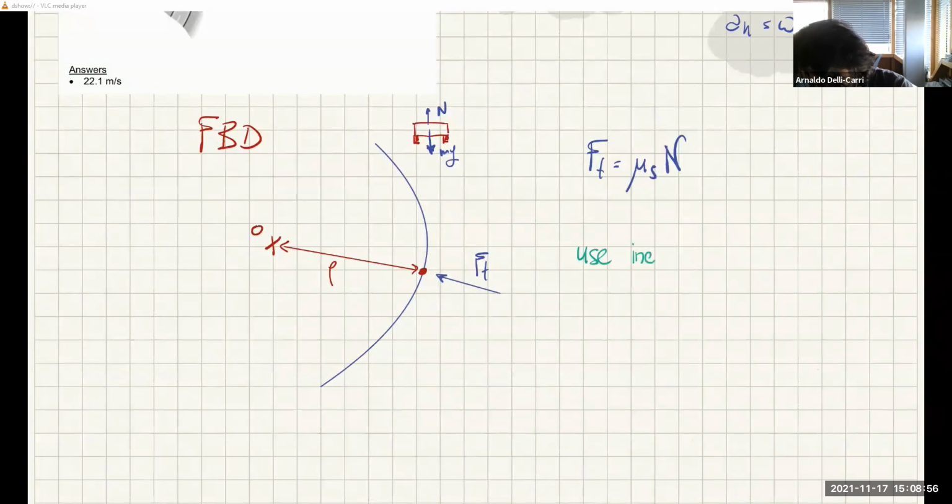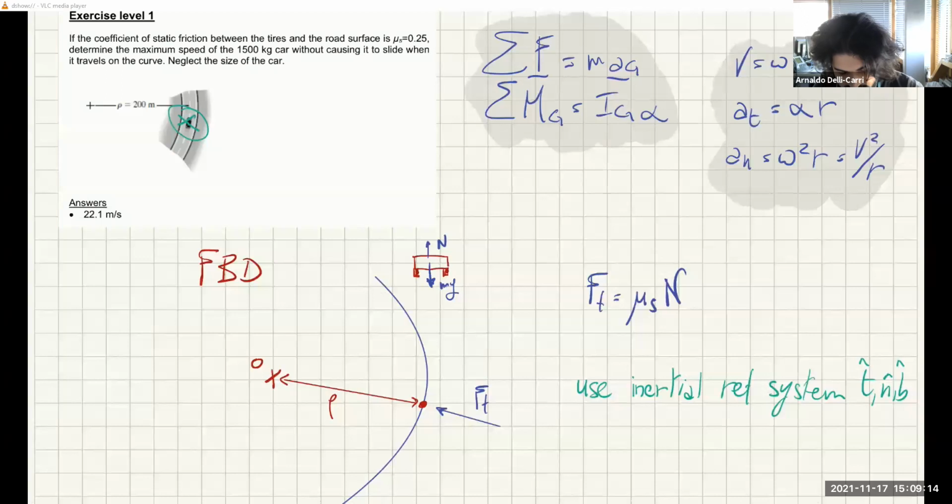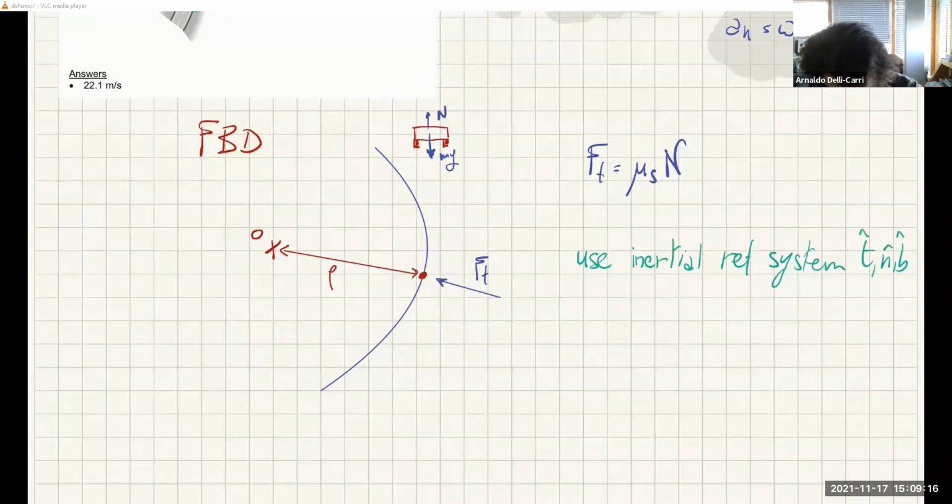the inertial reference frame T, N and B. So T is always in the direction of motion of the car. So of course we see that the car is going up. So T is this one, tangential to the path in this direction.